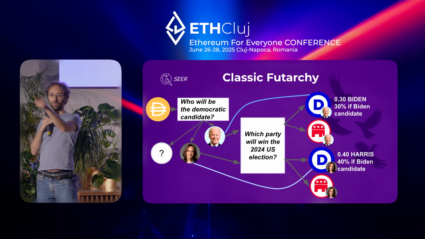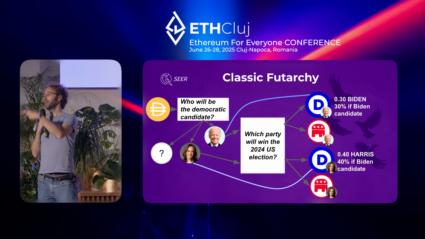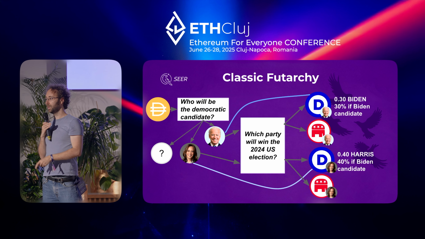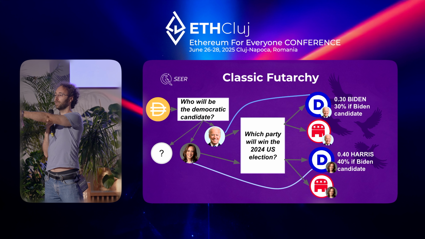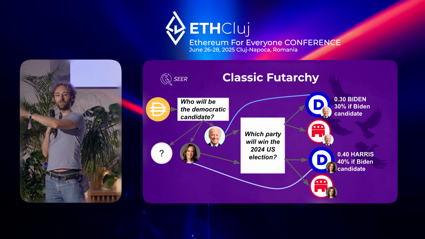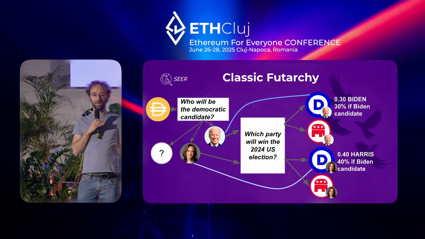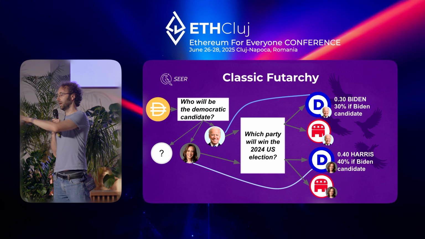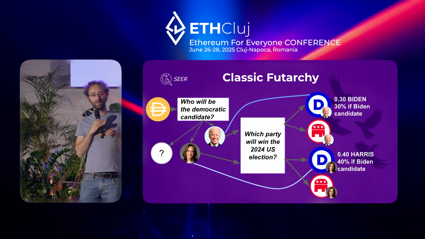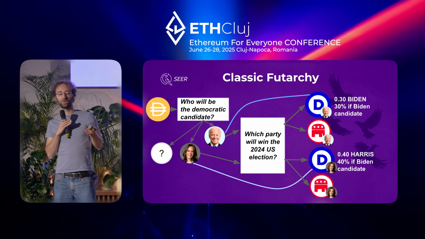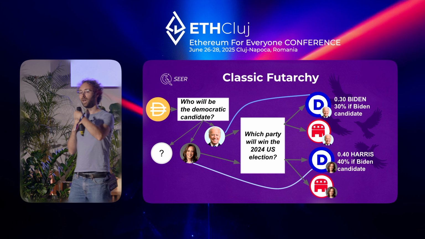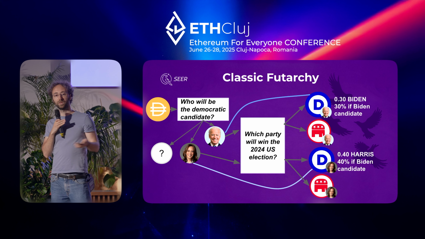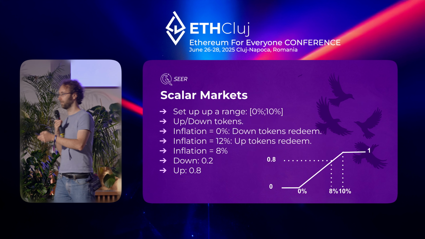We have a Harris Democrat. Harris is the candidate and the Democratic Party wins. And when we look at the price of the Biden Democrat with respect to Biden, we get that it's 0.30. So you will have 30% chance of winning if you put Biden as your candidate. And you can do the same thing with Harris. In this case, you have 40%, so it tends to be better, so you can switch your candidate to Harris. You still lose, but you had more chances of winning putting Harris than keeping Biden.